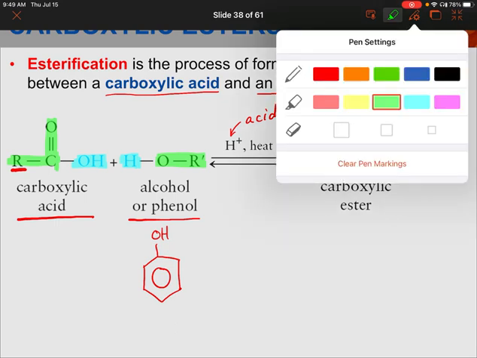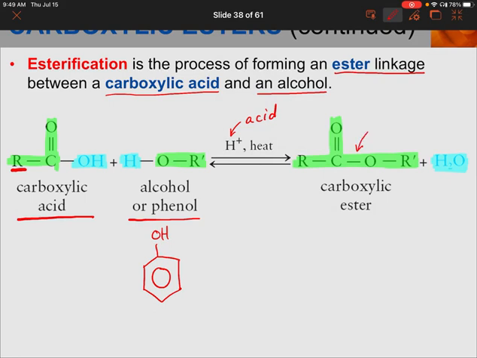So again, we're forming this ester linkage between the two. So we're kind of creating a new bond there. Okay, so this is one way to make an ester.